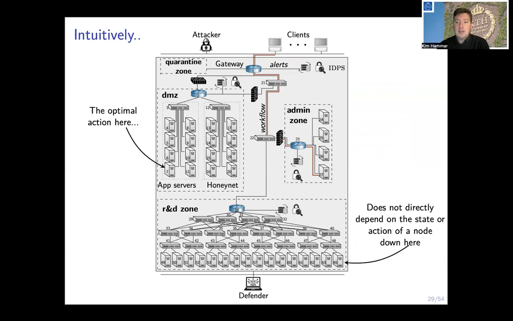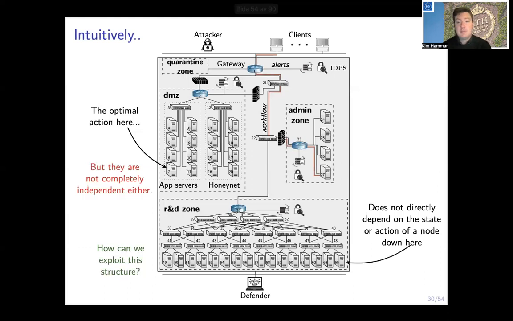But intuitively, from a defender perspective, the optimal defensive action we select for a node up here should not directly depend on the optimal action down here, even though they are connected in some sense. They're not completely independent, but they satisfy a certain type of conditional independence that we will exploit so that we can isolate certain decisions from each other in the network and thereby break this very high dimensionality. That's the idea.